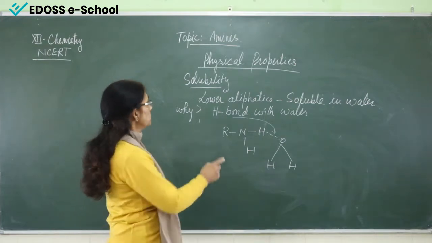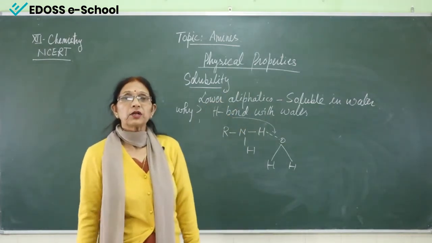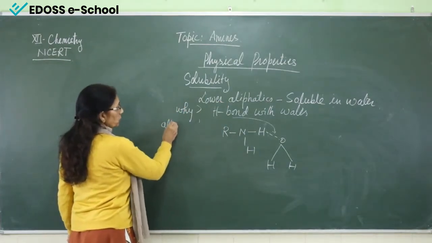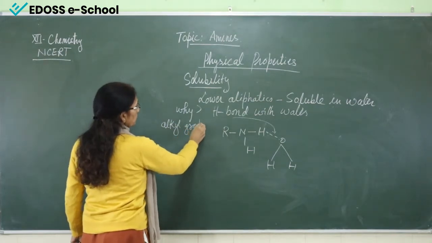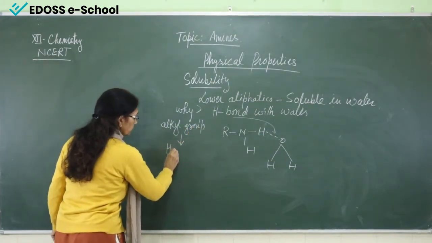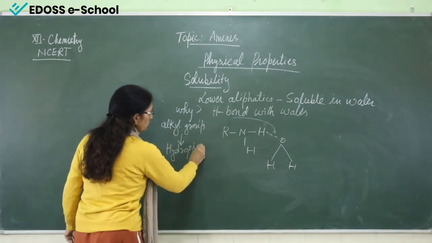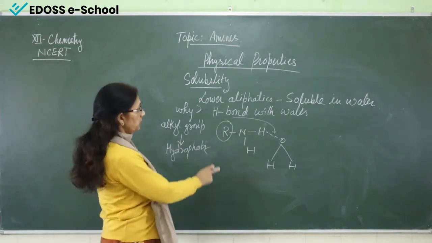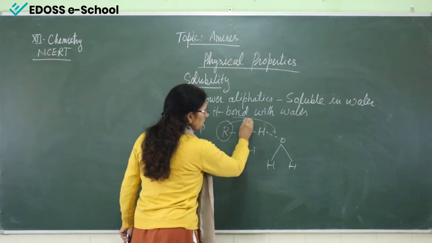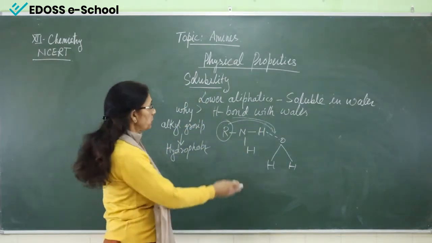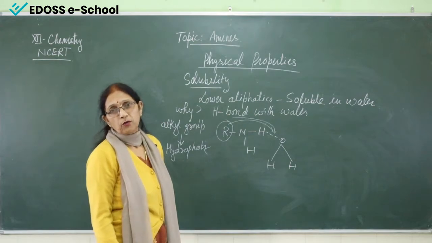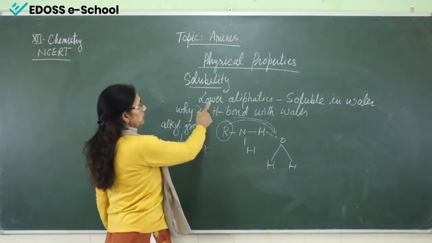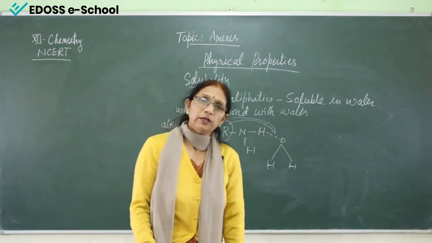The reason is that when the number of alkyl groups increases, these are hydrophobic groups. They will repel and move away from the water molecule, so the hydrogen bond will not be formed, and because of this higher aliphatics are insoluble in water.